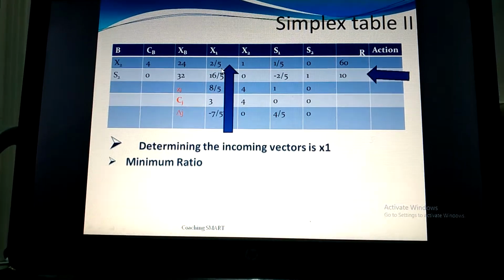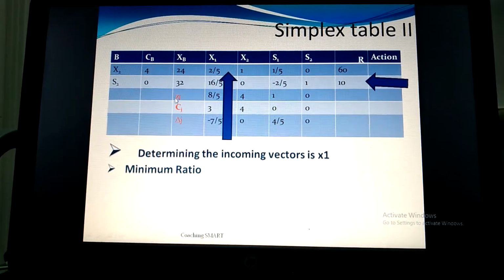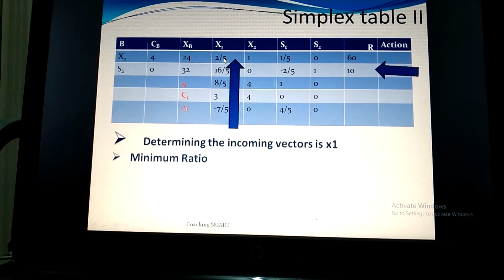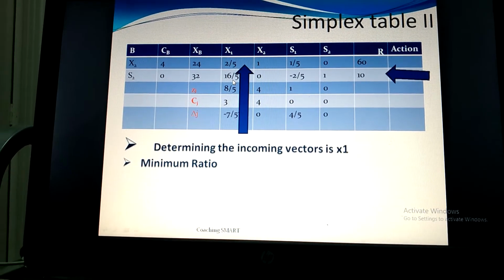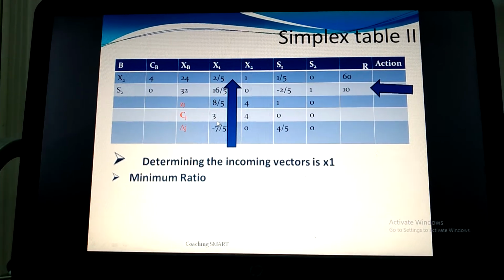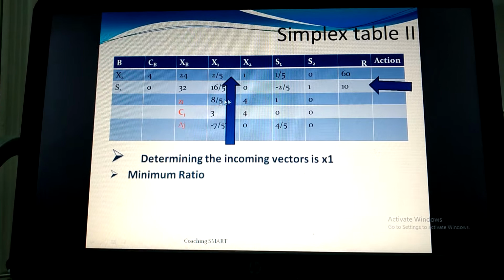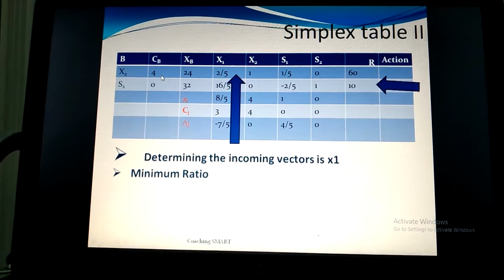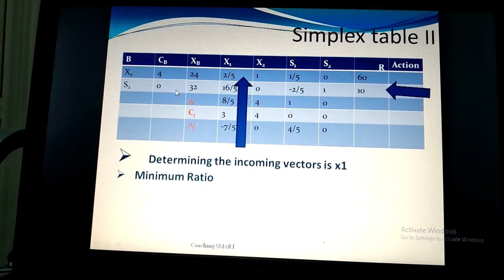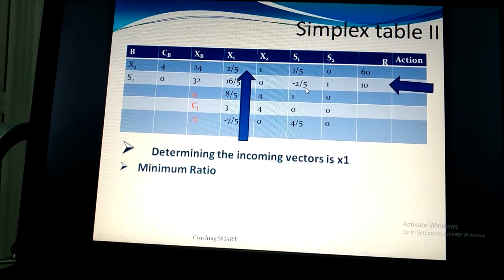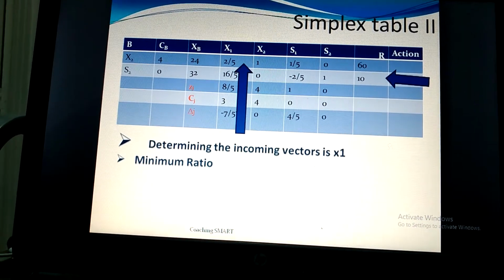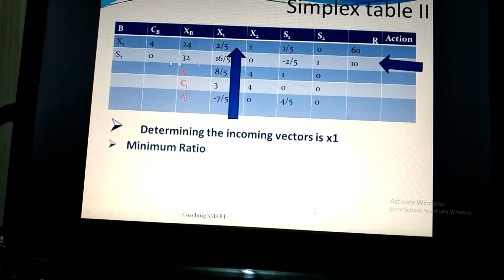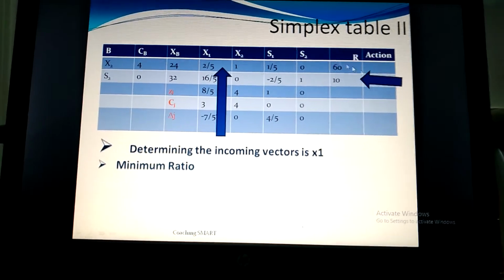In our simplex table 2, again we restart the process. 4 times 2 over 5 plus 0 times 16 over 5, you get 8 over 5. 4 times 1 plus 0 times 0, which is 4. 4 times 1 over 5 plus 0 times negative 2 over 5, you get 4 over 5. 4 times 0 is 0. 0 times 1 is 0.